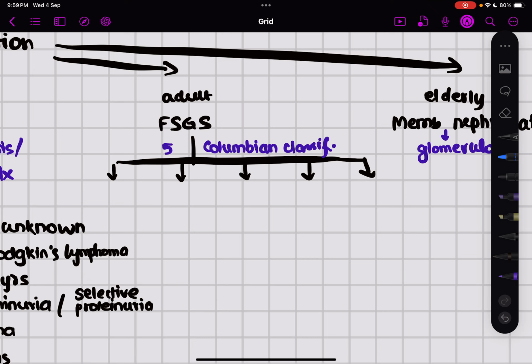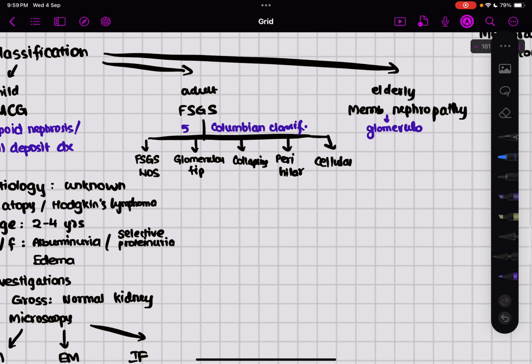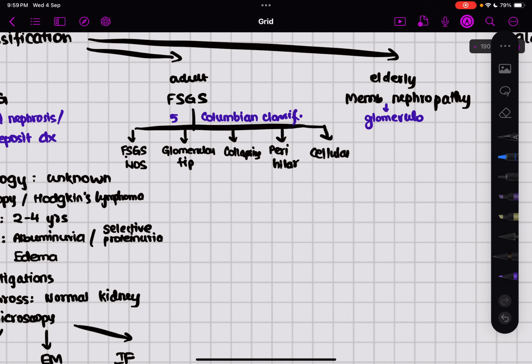They are focal segmental glomerulosclerosis, not otherwise specified, NOS. Next, glomerular tip, collapsing, perihilar, and cellular, in which the first 3 are important. Focal segmental glomerulosclerosis, not otherwise specified, is the most common.